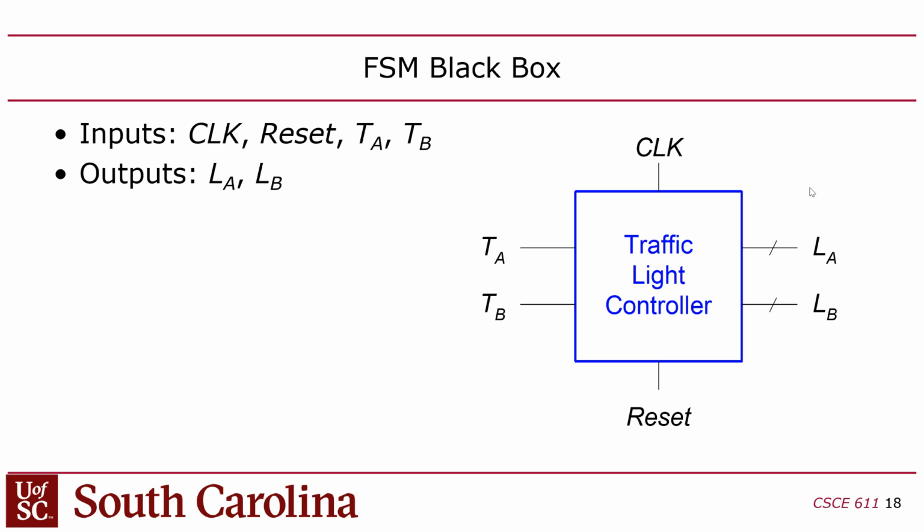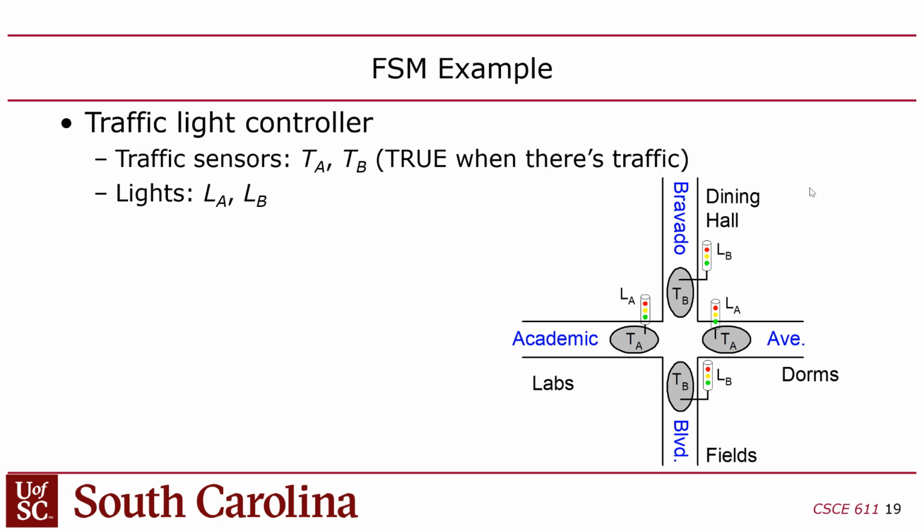The outputs are responding to patterns on the inputs, time series patterns. So that's what it looks like in cartoon form. Academic Avenue, Bravado Boulevard, and then TA and TB are the lights on each street.